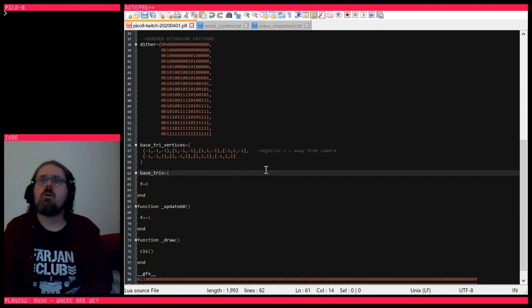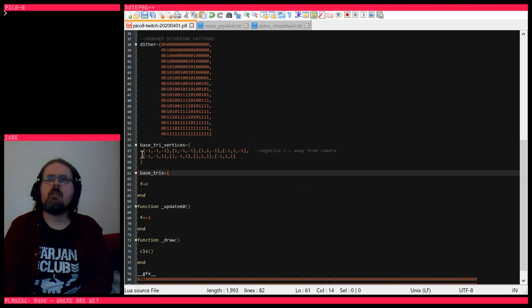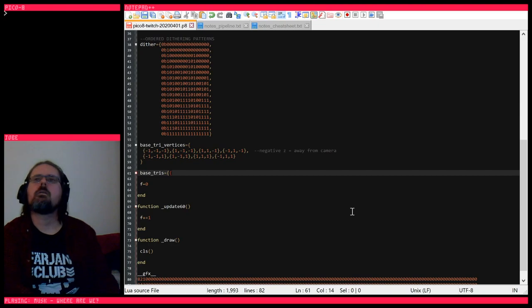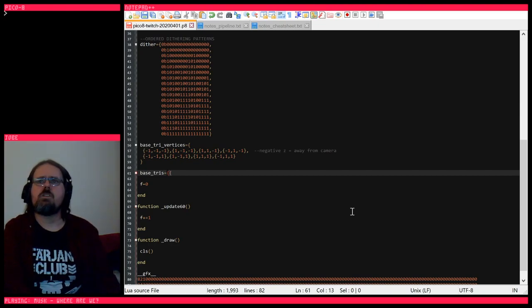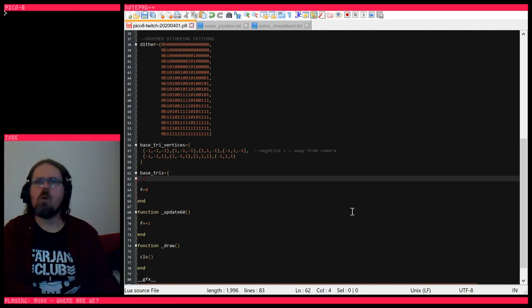So let's start with the backface. These vertices 1, 2, 3, 4 are the vertices on the back. These vertices 5, 6, 7, 8 are on the front. Because these all need to be in clockwise order, the backface needs to be in counterclockwise order, so it will be clockwise when the thing rotates.